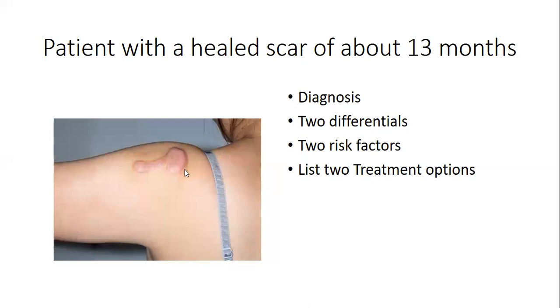Hypertrophic scar usually resolves by 6 months to 1 year; keloid extends beyond a year. By 6 months, hypertrophic scar starts regressing, and by 1 year it becomes flat. But for keloid, by 1 year it keeps growing. Hence, I used 13 months to divert your attention.